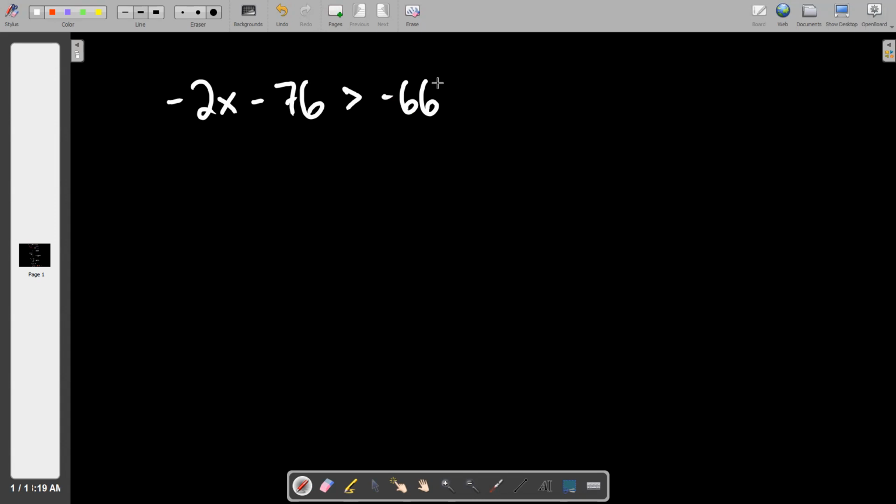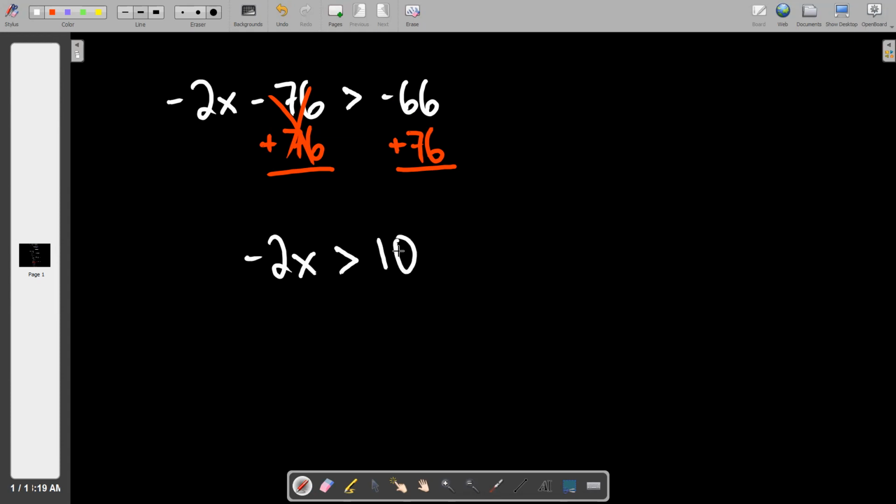We add 76 to both sides. Very good. Here, I'll show a little bit of work since sometimes I don't. We'll stick a nice, cute plus 76 under both sides, just like that. Going old school, early September work amount right there. I'm going to cancel out those 76s. I'm going to drop down the negative 2x. I'm going to drop down my comparative symbol. And what is negative 66 plus 76? 10. Definitely positive 10.